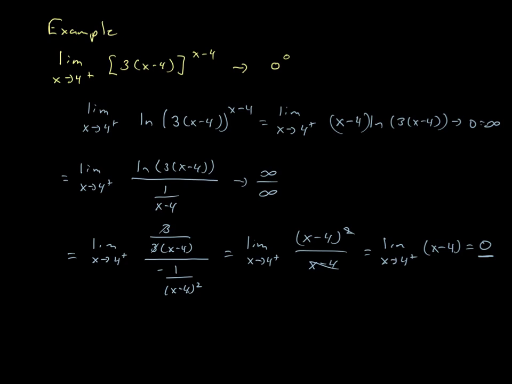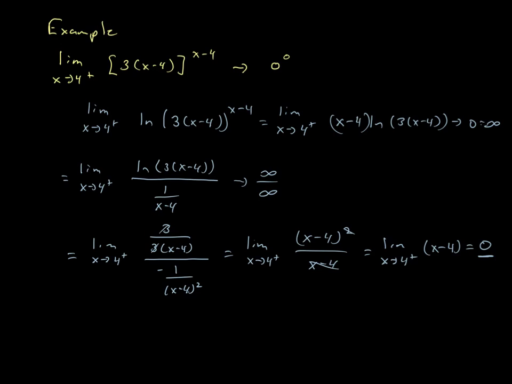I can rewrite that as the limit as x approaches 4 from the right of the natural log of 3 times x minus 4 over 1 over x minus 4. Notice multiplying by x minus 4 is the same as dividing by 1 over x minus 4. And that will give me infinity over infinity.